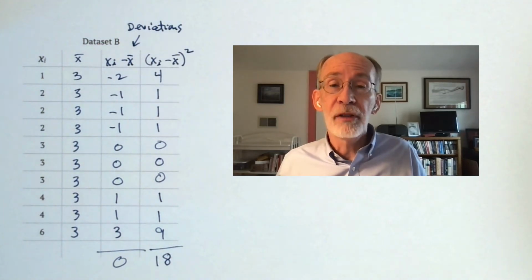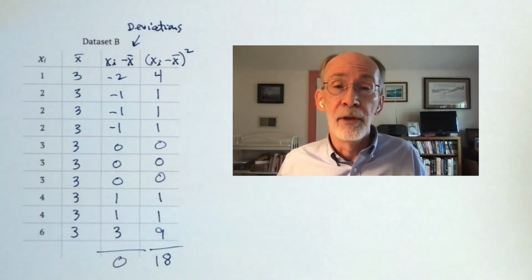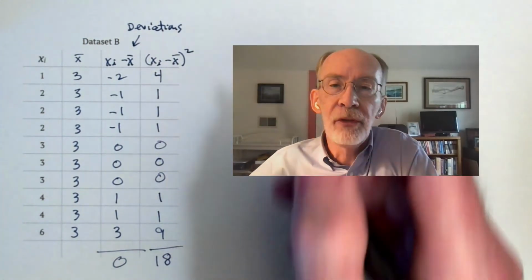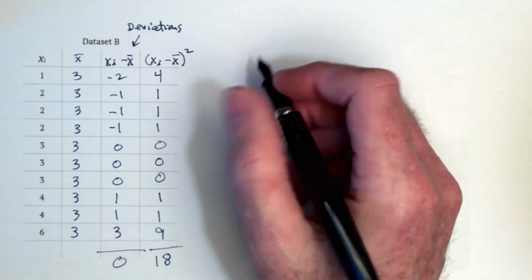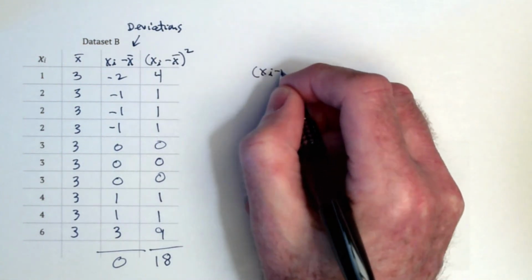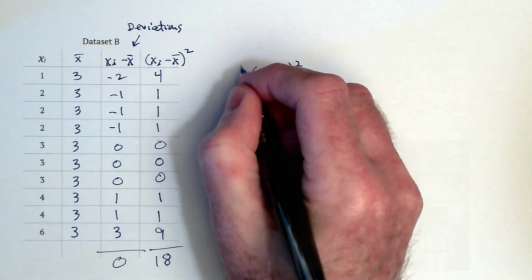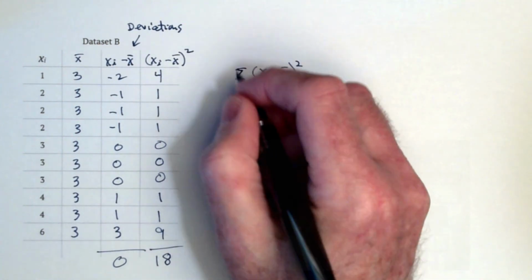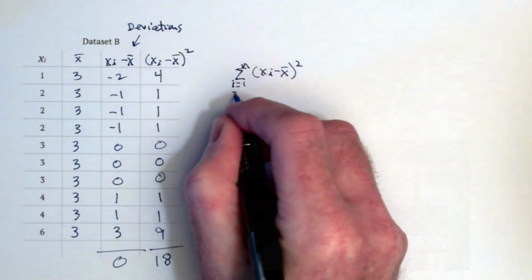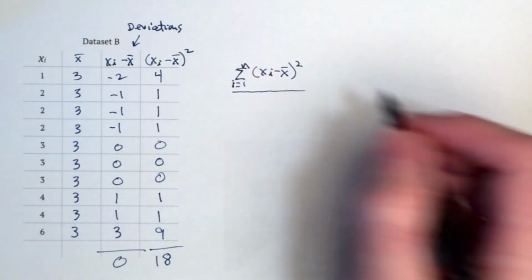So maybe it's better to take an average of the squares of the deviations, and that's the thing that is done. So I could take these deviations, square them, add them up, and divide by how many there are. Essentially take a mean of the squares of the deviations.